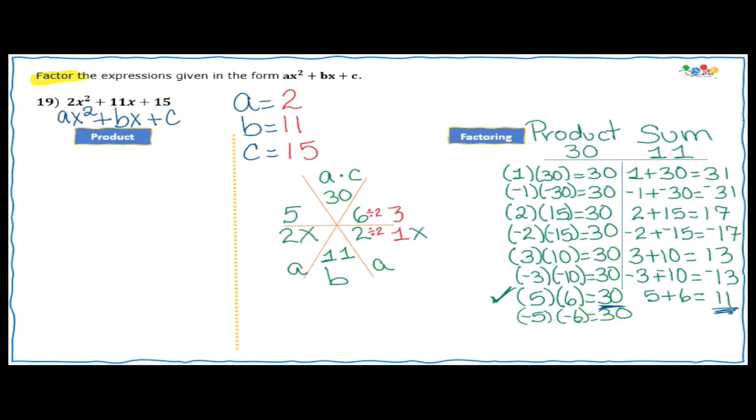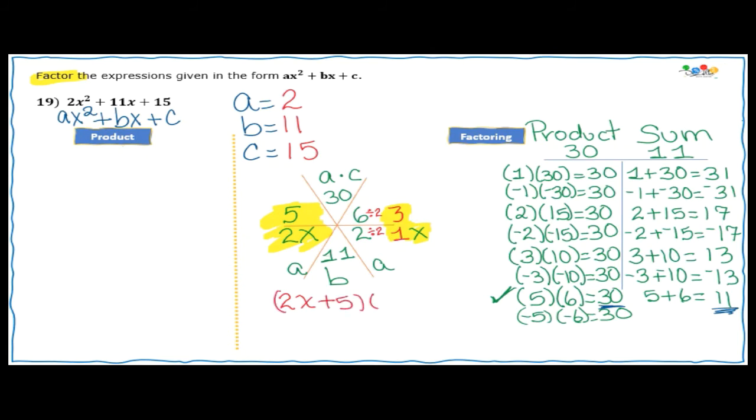So let me highlight this. I want to make sure that we remember that. I'm going to highlight this one. I'm not going to highlight the 6 over 2 because that's not exactly the one that I'm going to use, right? So let's write down the binomials. My first binomial is going to be 2x plus 5.